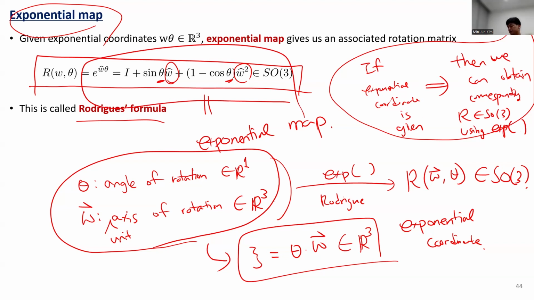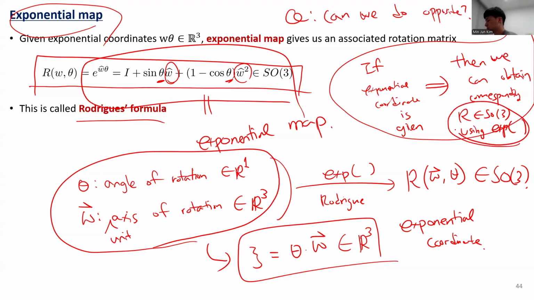That's what we did. Then the next question is, can we do the opposite? So given a rotation matrix, can we obtain the exponential coordinate? Can we do the opposite or inverse?